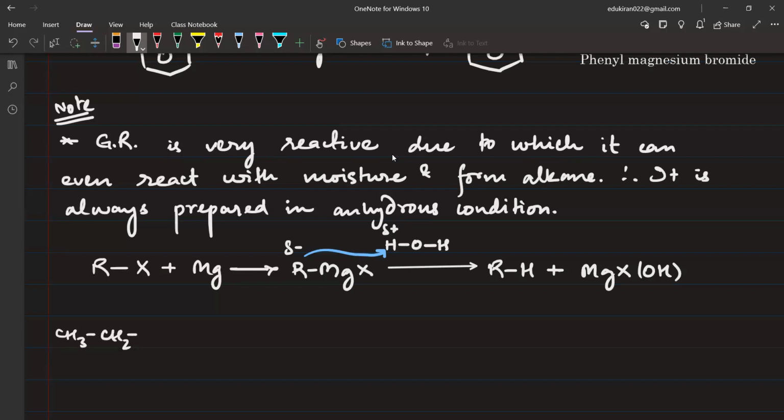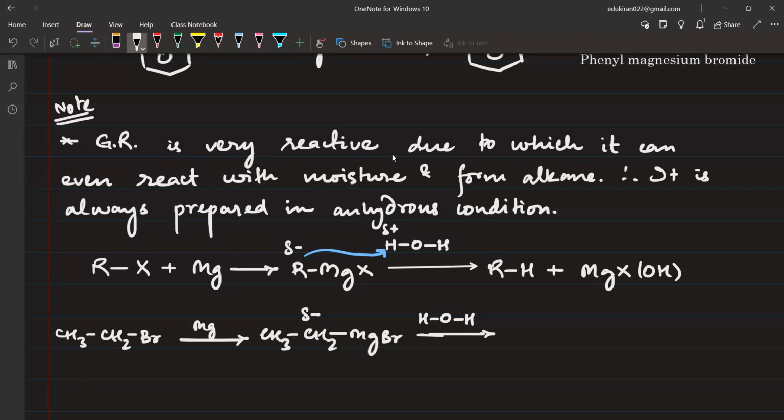Now let us suppose we have CH3CH2Br. We treat this with Mg. We will get CH3CH2MgBr. Then let us suppose there is water around, there is moisture. Then please listen, this carbon atom will have a negative charge because this carbon is attached with Mg.